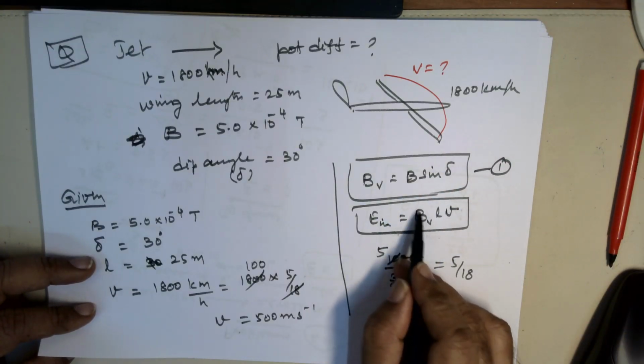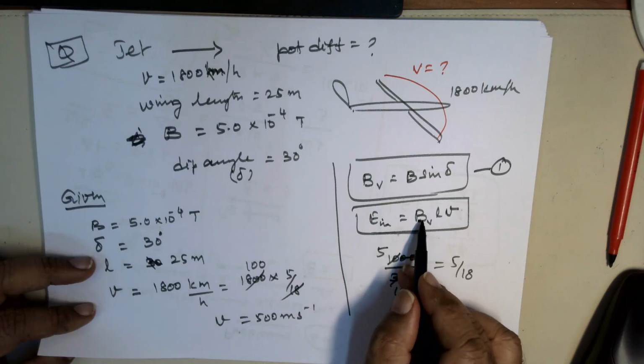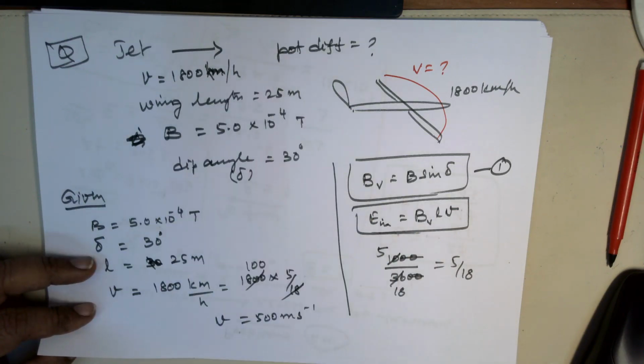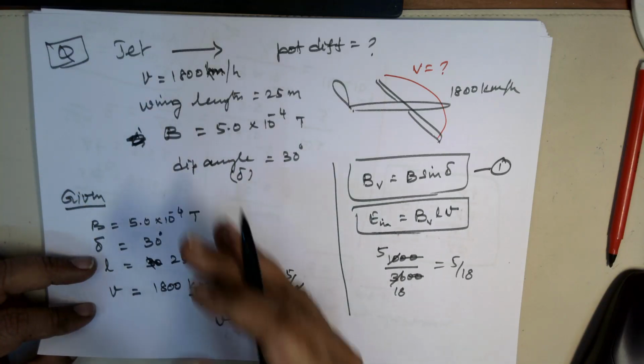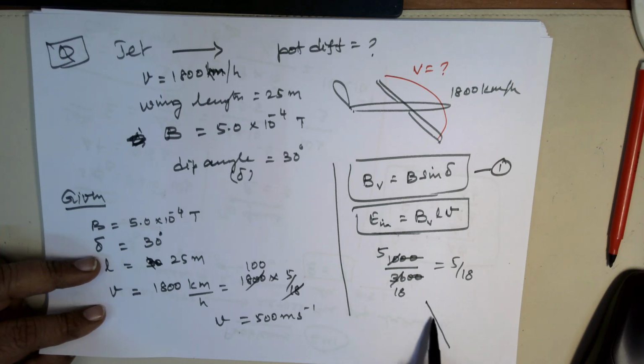Now we can make use of this BV. We know this is the length of the wing. That is something like a moving rod, right? So you've got the moving rod, which is equivalent to the plane's wing length. So this is the surface area where it travels.